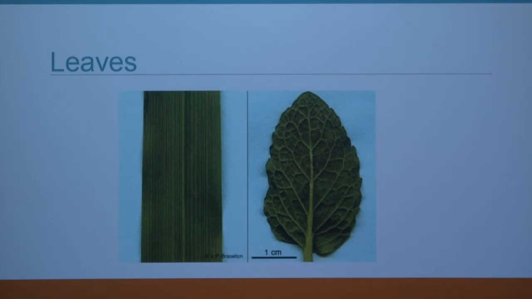The easiest way to tell the difference is by these lines here. These lines are actually veins. These veins carry the nutrients and water for the plant to grow, much like the human body, where the blood vessels carry the oxygen and nutrients for our cells. And they're always in parallel.